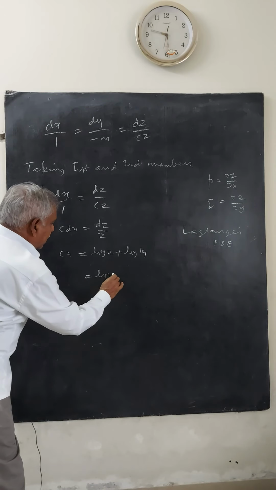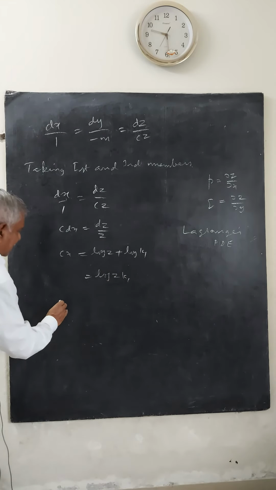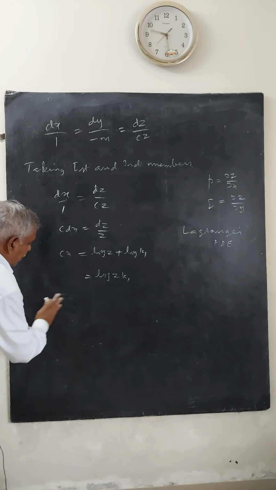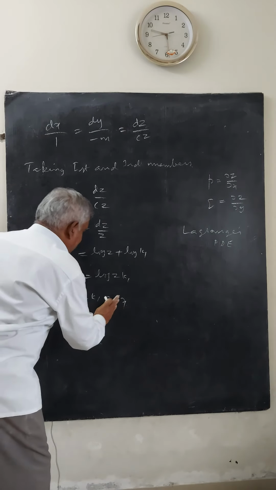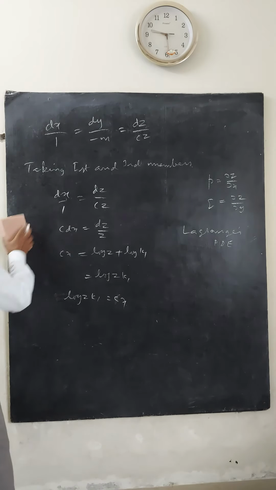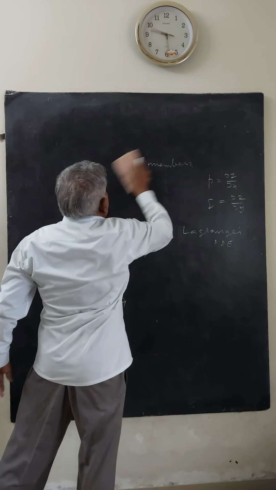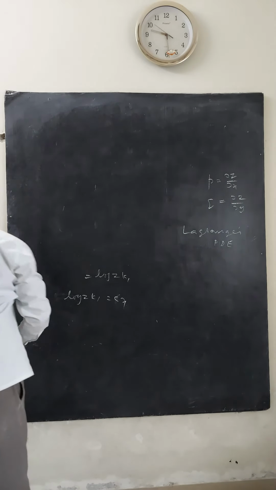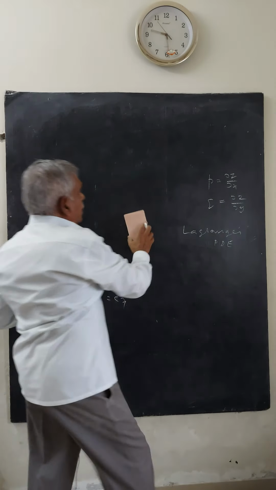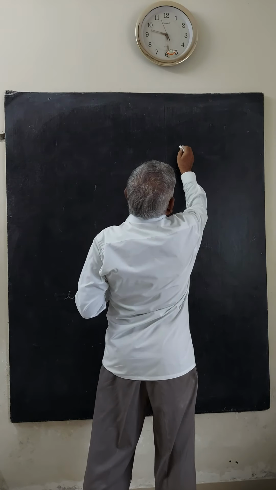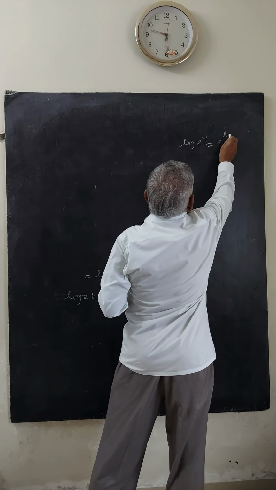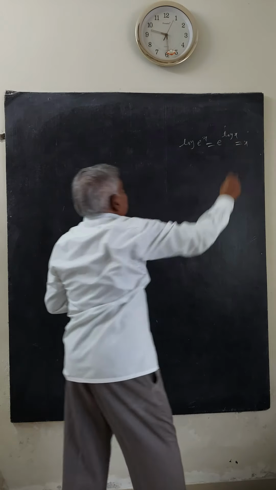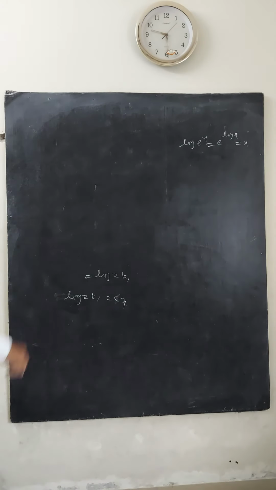Therefore, log of zk1, bring this side, log of zk1 equal to cx. We must know one thing, log of e power x equal to e power log x equal to x. We will use this frequently for all sums.